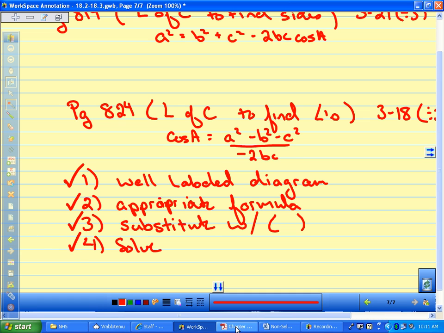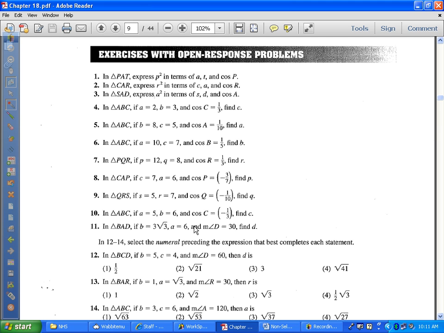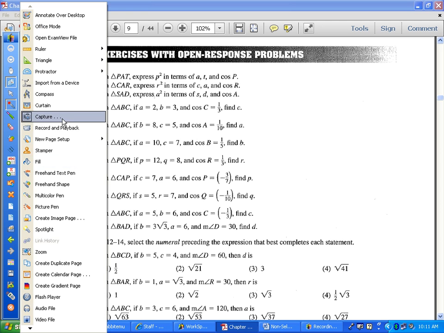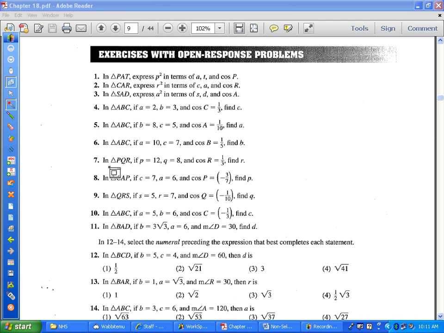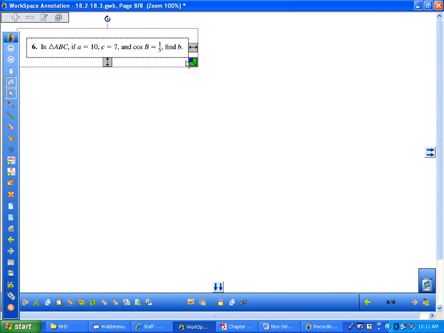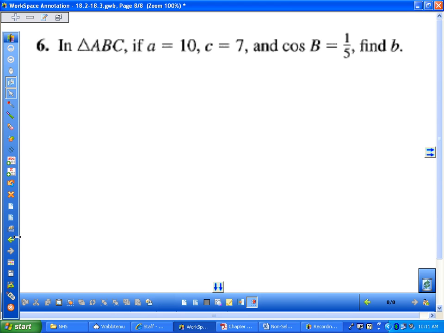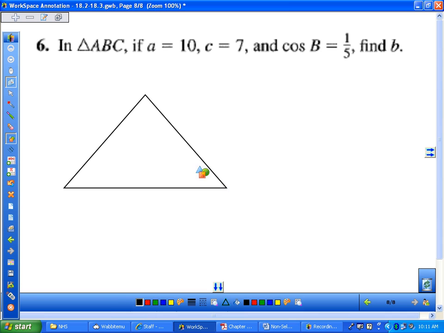Okay? Let me take you to one of your assignments here, and I want to look at one where we're going to substitute all of cosine A in as opposed to a number. Number 6 right here on page 819. So what's the first thing we're doing here again, folks? Well-labeled diagram.